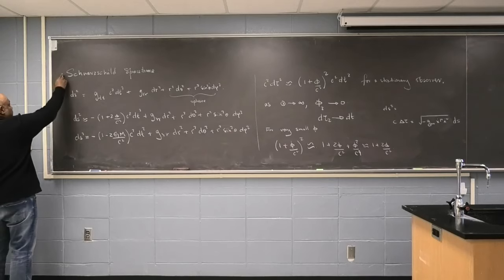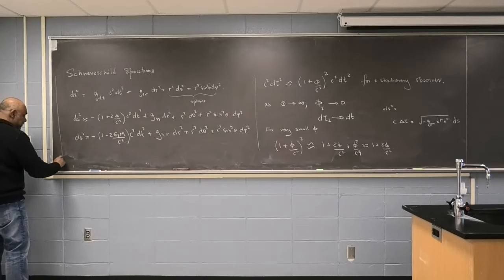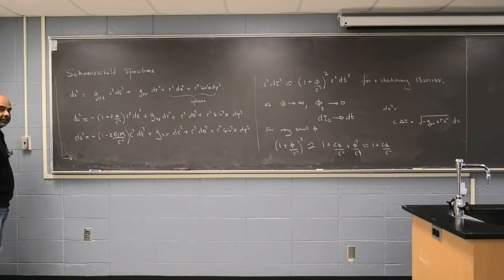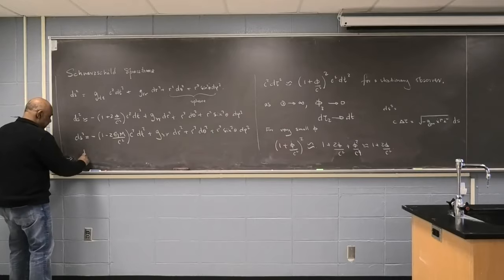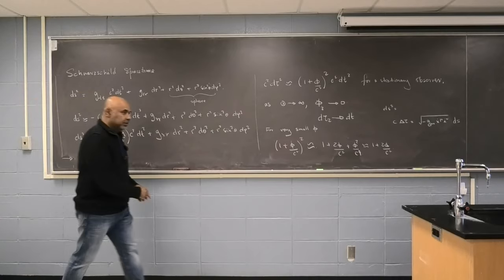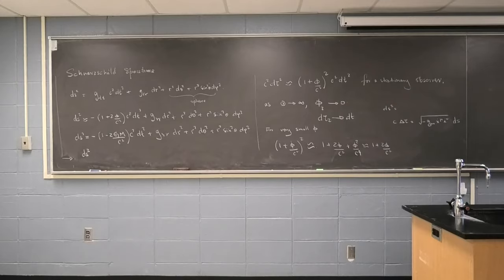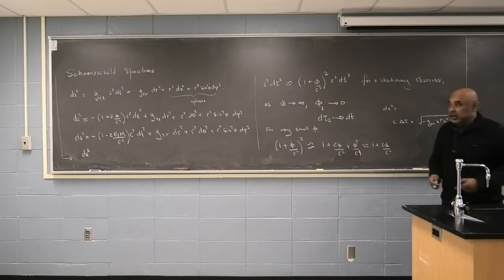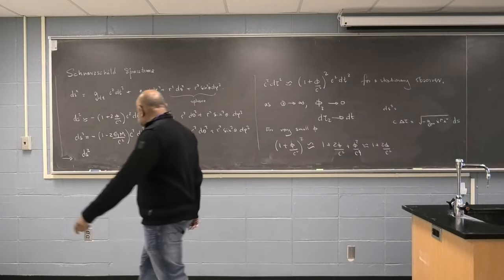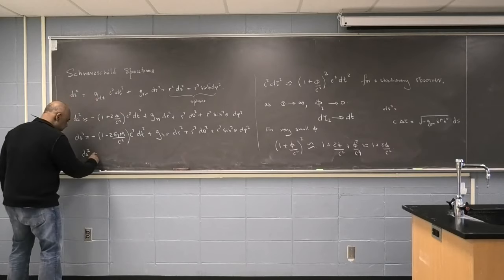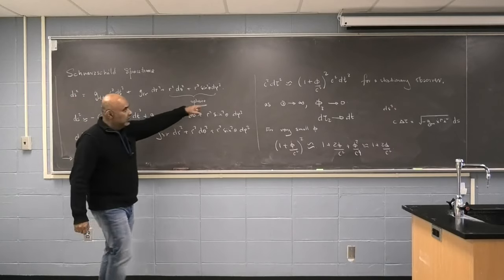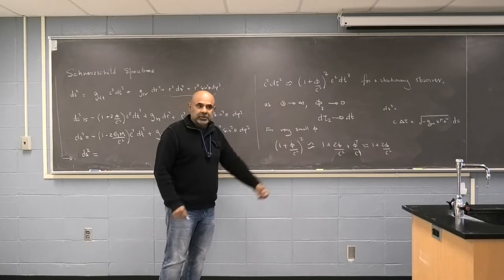Now, let me give you the exact answer. And it's as simple as that. ds squared. And this time, I want to say not approximately equal to. When we study the full general theory of relativity, when we write the Einstein field equation, you will find that this is the exact solution. Look at this. All of this approximate, just hokey arguments together, right?